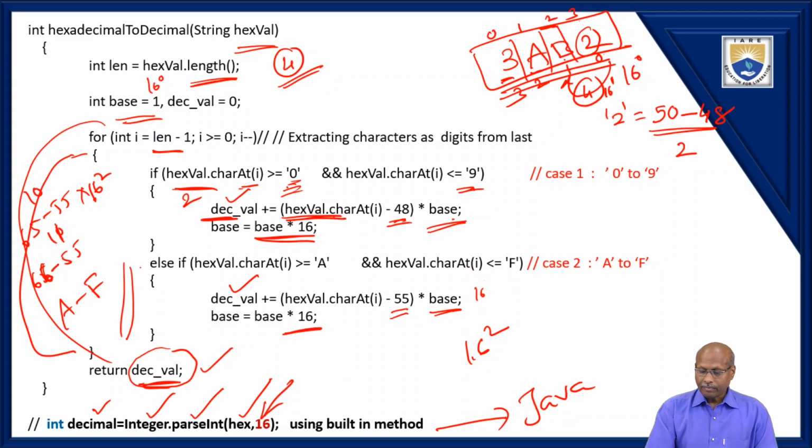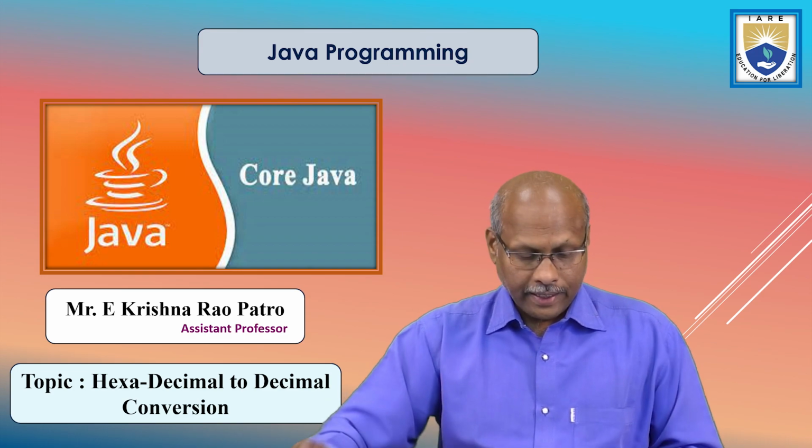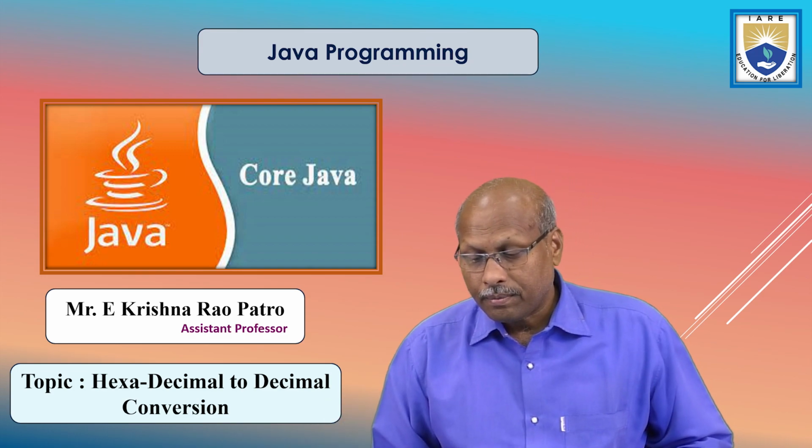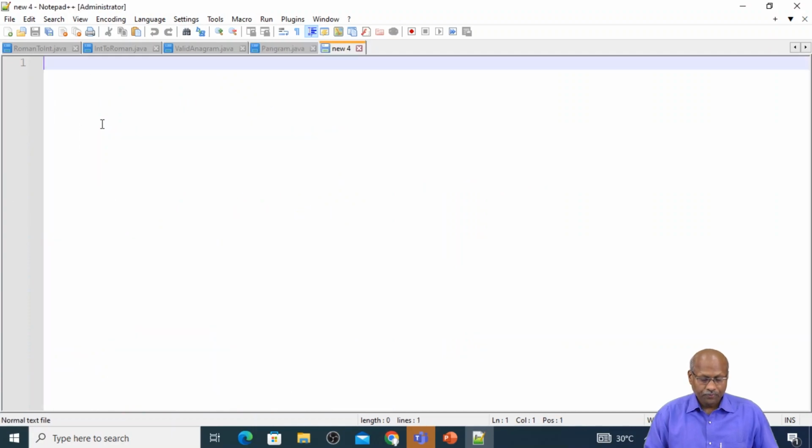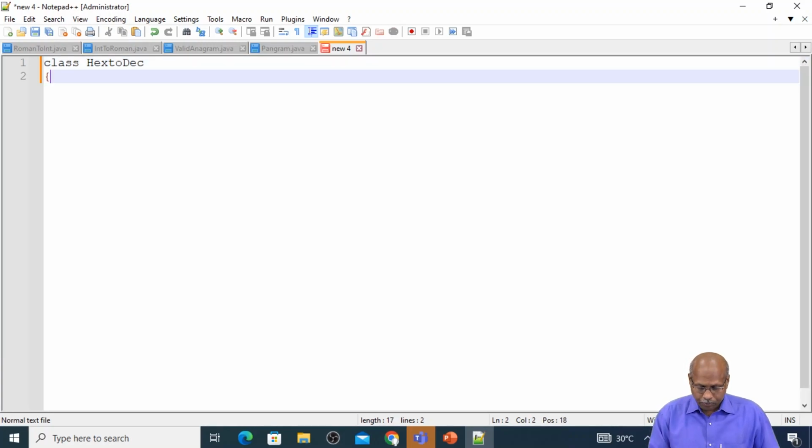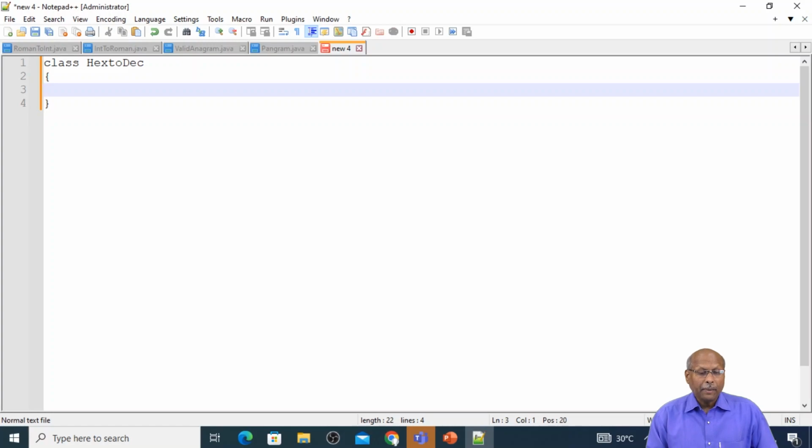Okay. Now we'll write a program for this. Let us write a program. Control N. Class Hexa2Decimal. I am writing a program called Hexa2Decimal. Here I will write my driver code.